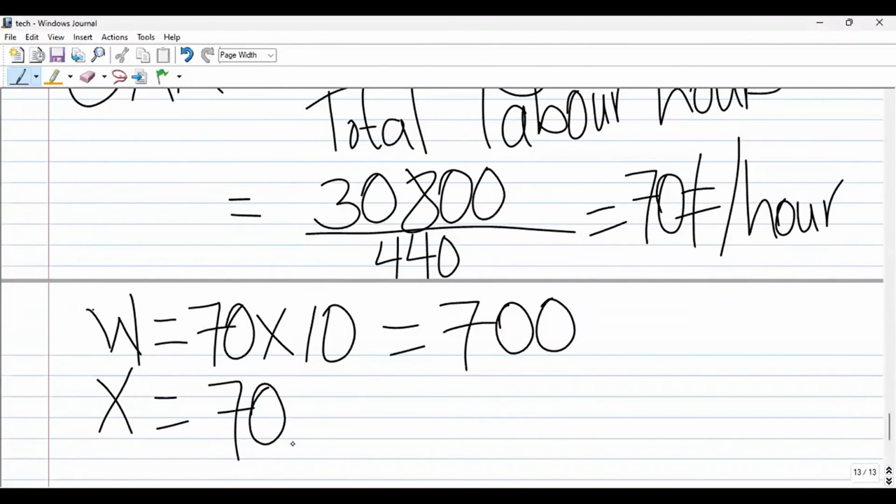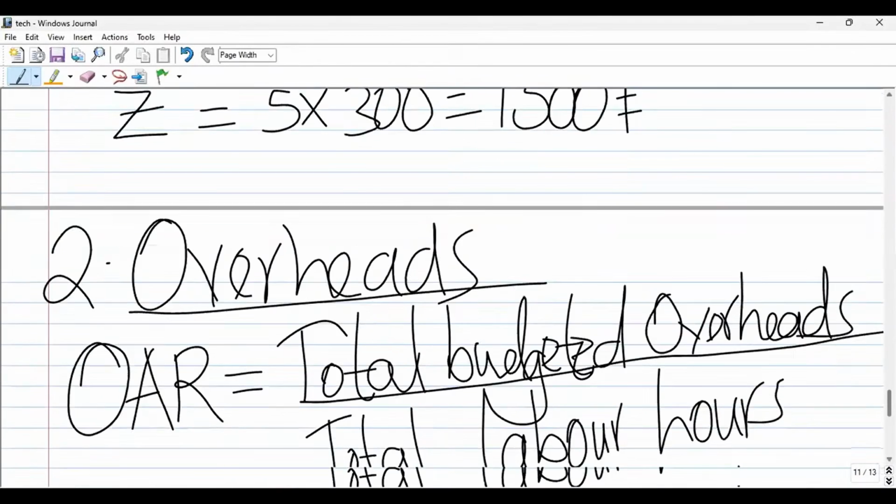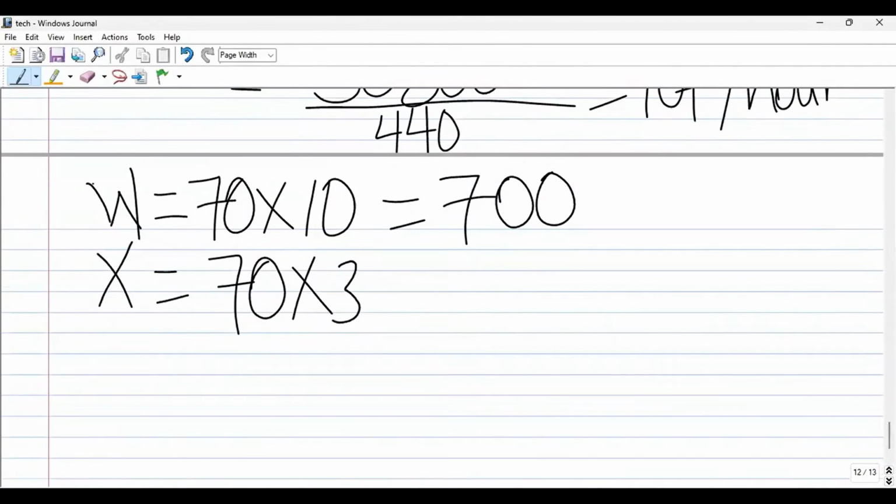X is 70 times the labor hours for X. The labor hours for X, we got 30, so that gives $2,100.